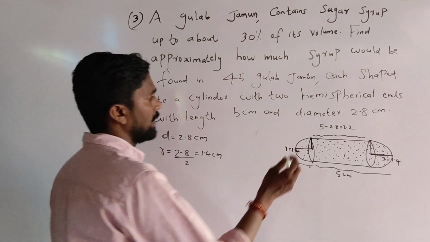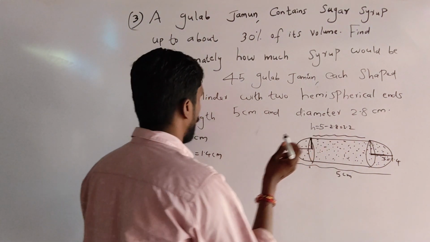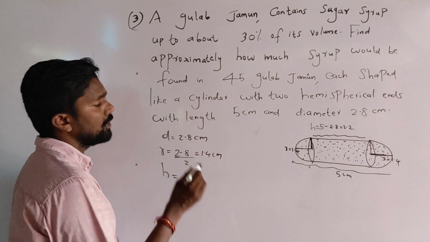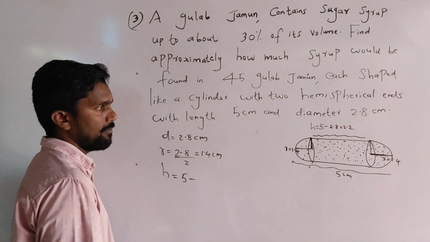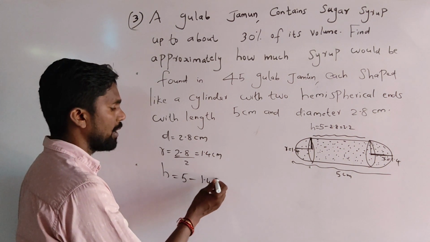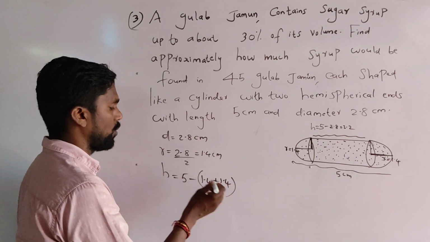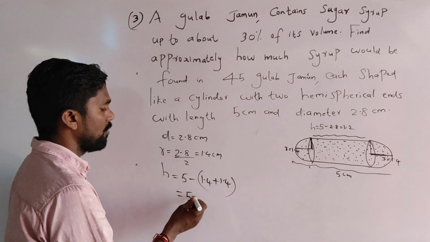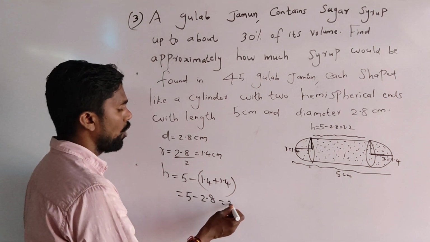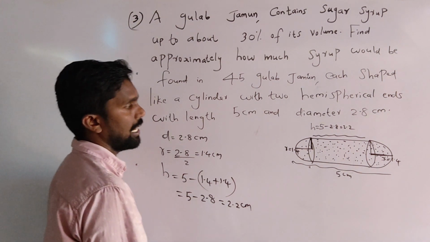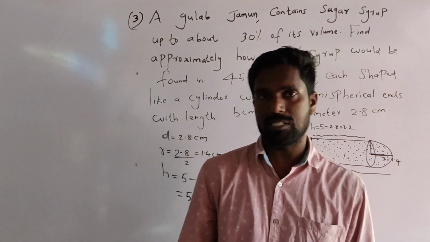Then it is very easy to find out the height of the cylinder. Height of the cylinder h is equal to total length 5 minus 1.4 plus 1.4, that is 5 minus 2.8, that is equal to 2.2 centimeter. That is the height of the cylinder.